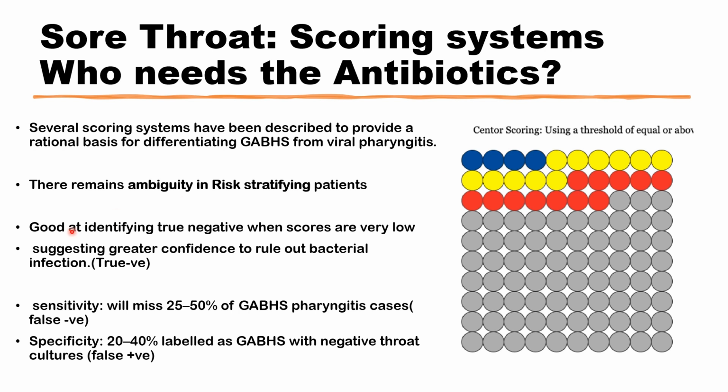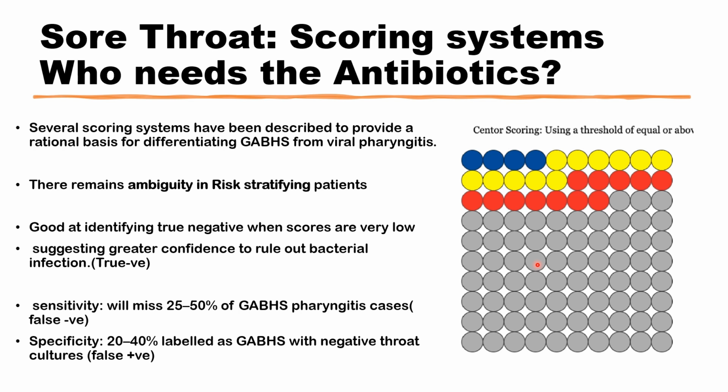A sensitivity test suggests that, using clinical scoring systems, one would miss 25 to 50% of patients who have a group A beta hemolytic strep as false negative. Those patients may have benefited from antibiotics, but the scoring system had indicated that they are free.